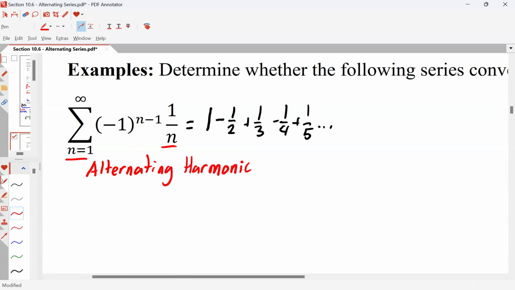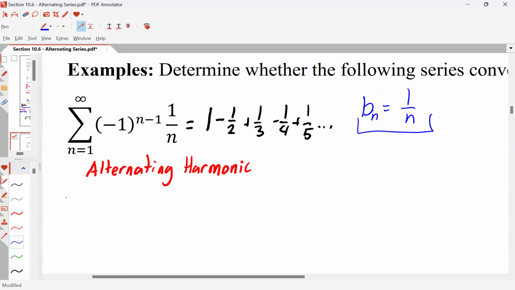So using the alternating series test, we want to identify the non-alternating portion. So the non-alternating portion, b sub n, is the 1 over n. So this is what we're checking properties on.